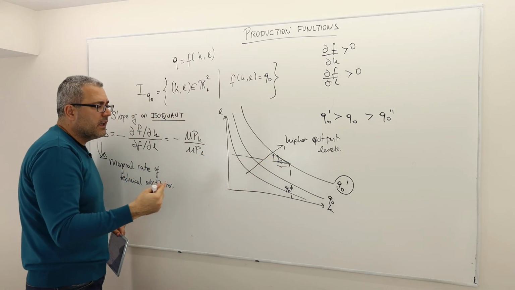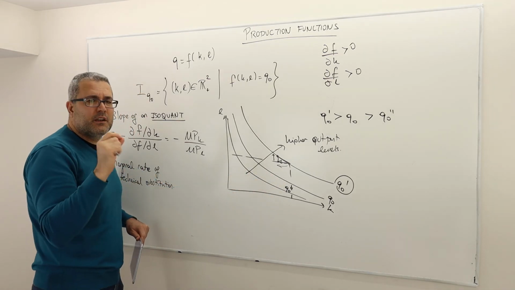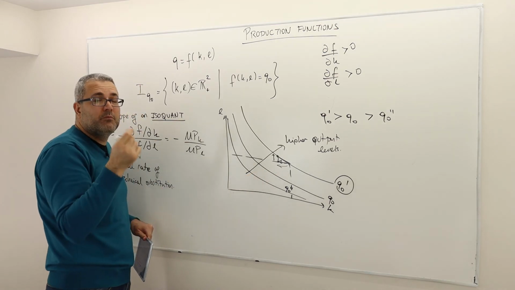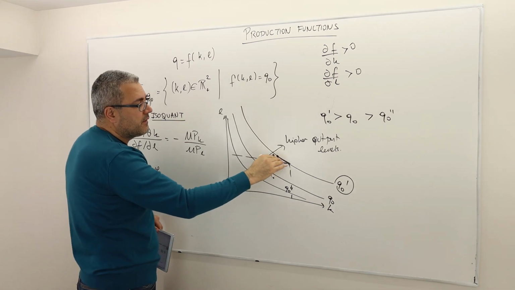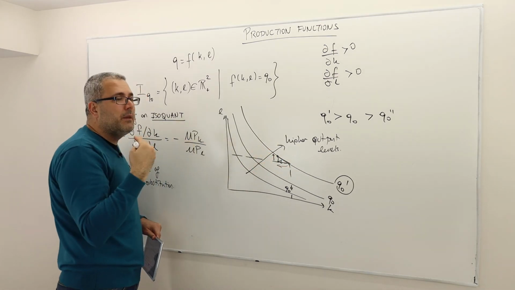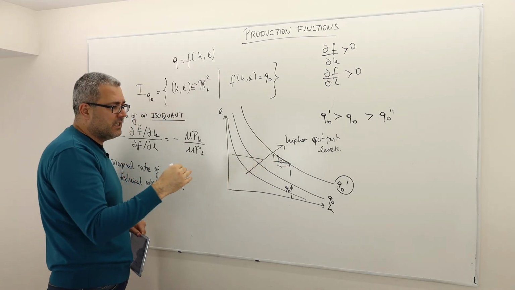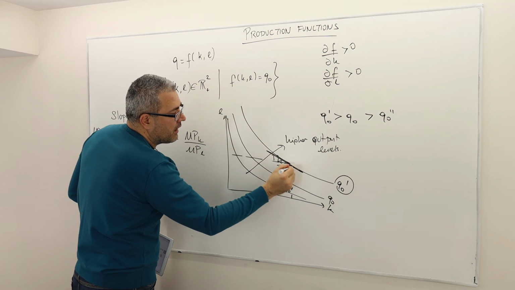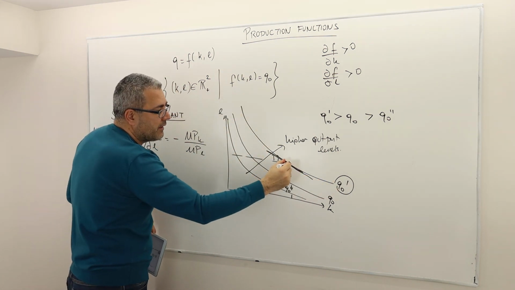But if I do this change in very, very small amounts, not 1 or 2 units, but infinitesimal units, it basically means this is the slope. I am actually looking at the slope of a tangent line at this point. So it's tangent to my isoquant curve at this point.